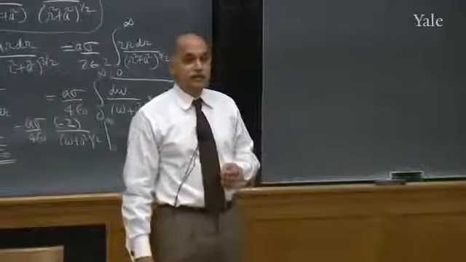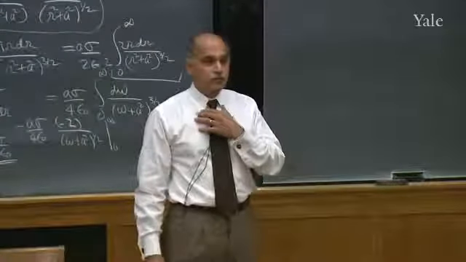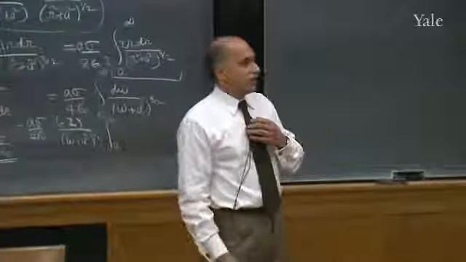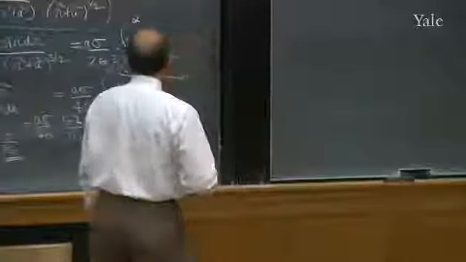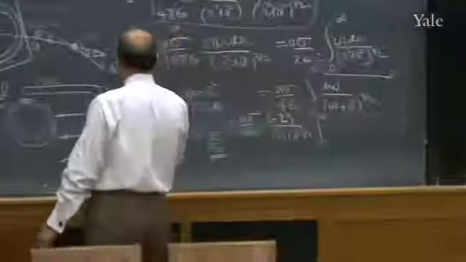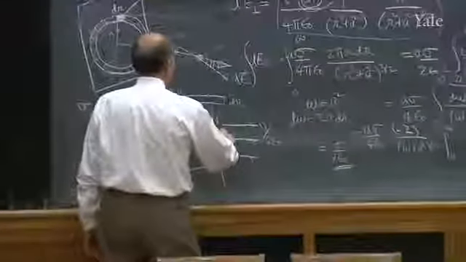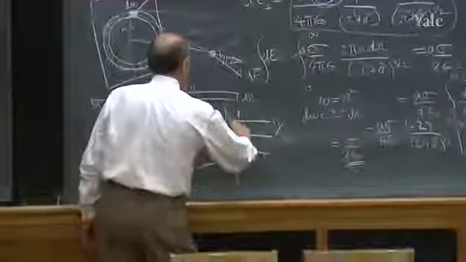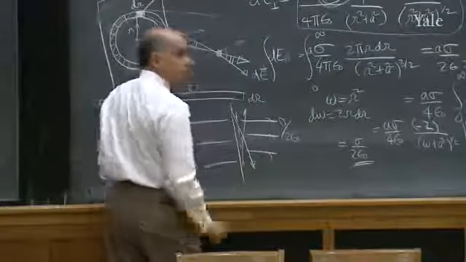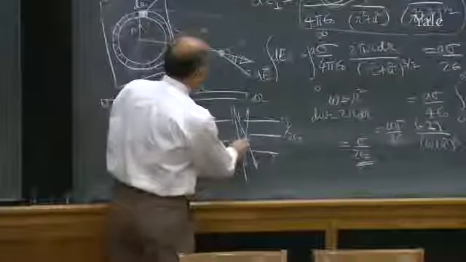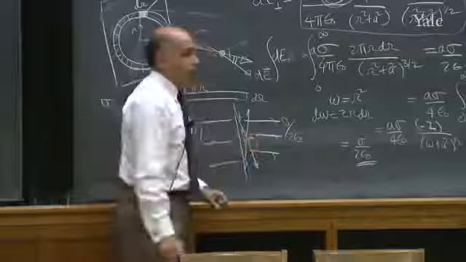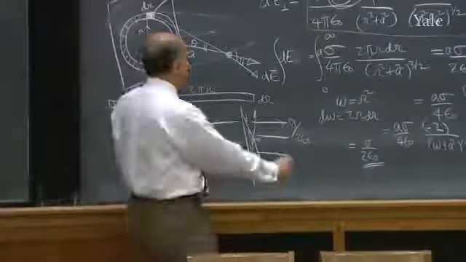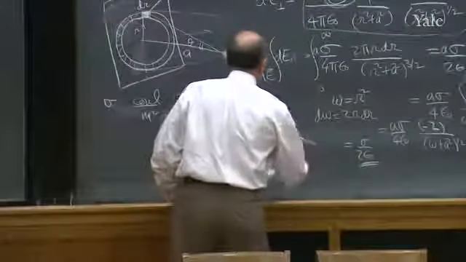Yes, any ideas? For example, if you go very close to the plane, what happens? If you go really close to the plane, what happens is the field due to any section here looks like this. Therefore, the part that's useful is very small. If you go further away, you get things like that.